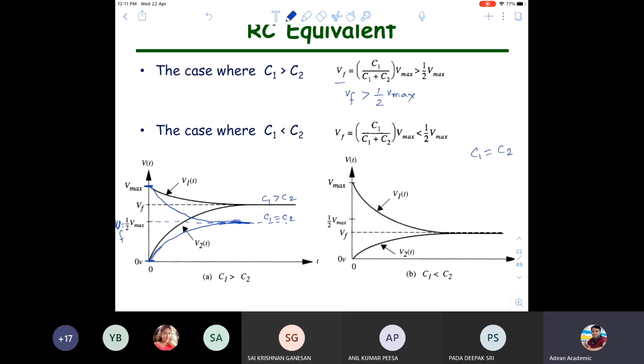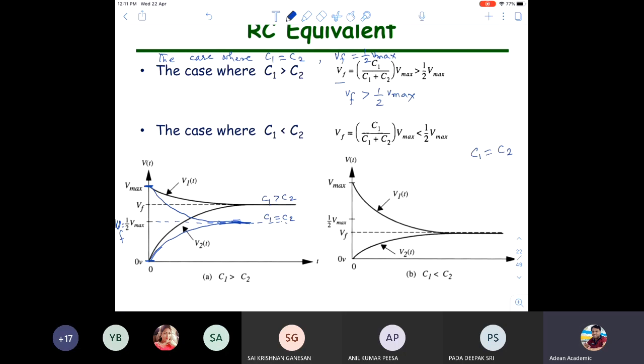One more case we have to take: where C1 is equal to C2, Vf is equal to half of Vmax, exactly the midpoint. But when C1 is greater than C2, Vf is greater than half Vmax.